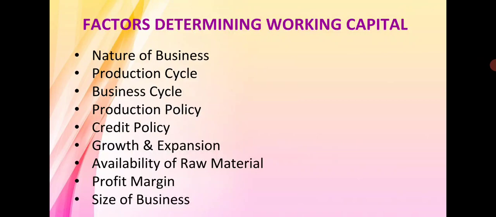So as per your production, you are going to select the level of working capital in your business. Some of the products pass through two to three processes. So at that time the requirement for working capital is really very high.